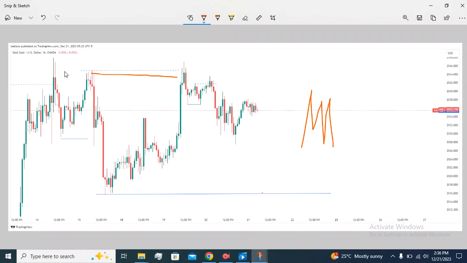I don't know if you remember this setup right here. I broke down this setup and said right here we had a market structure shift on the lower time frame. I think it was on the 30-minute time frame, and we saw after this sweep the clearest first break of structure on the lower time frame with this guy here.